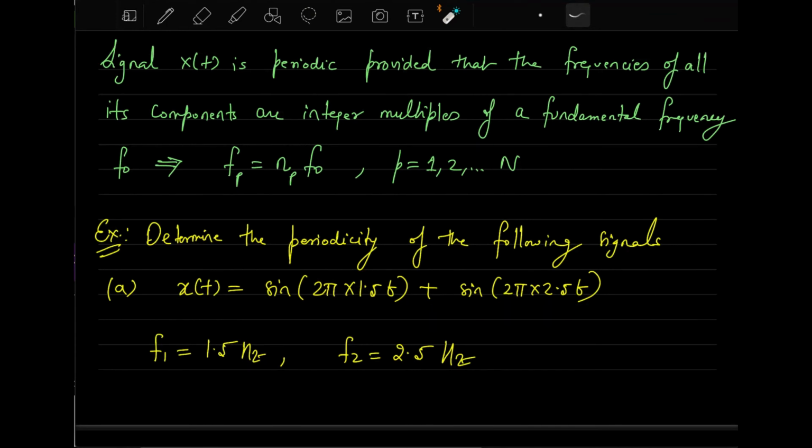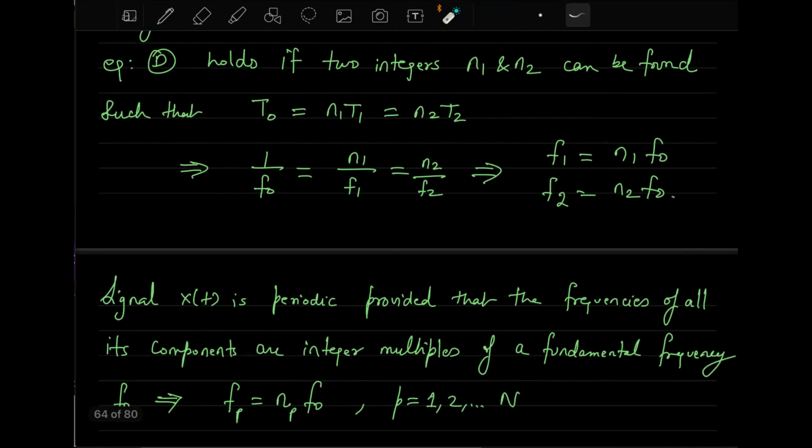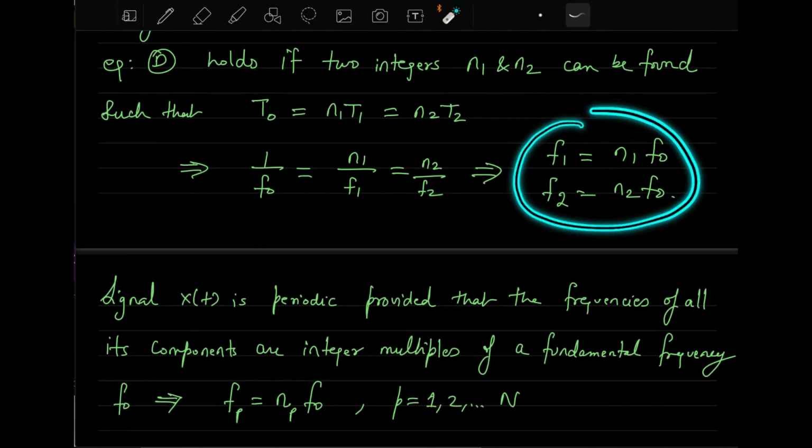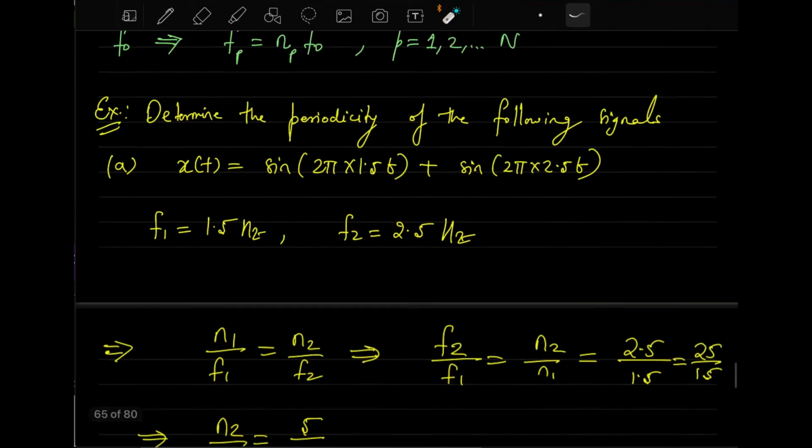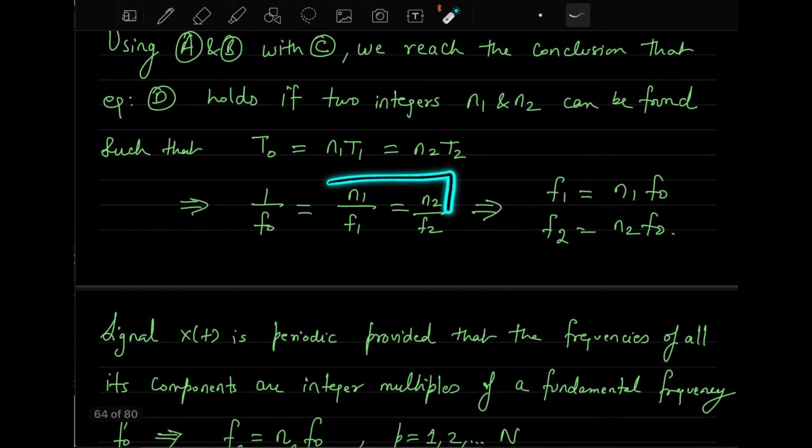You can easily see that your f1 is 1.5 hertz and your f2 is 2.5 hertz. Once you have this, you can make use of these expressions.